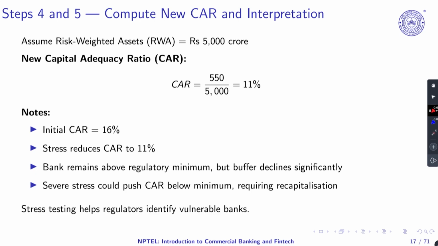But if you compare with the original value that we got for the CAR, it appeared to be 16%, but because of the 250 crore loss, it has come down to 11%, and this is where the challenge comes in. If the regulatory requirement is that you should meet a 12% target, then the bank will have to seek extra funds, and they will have to get into some kind of recapitalization measure.